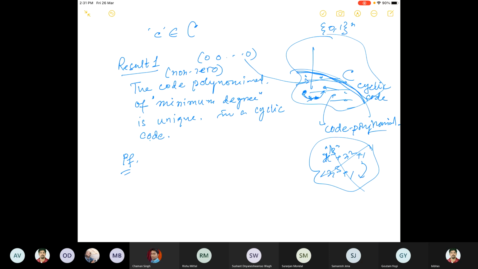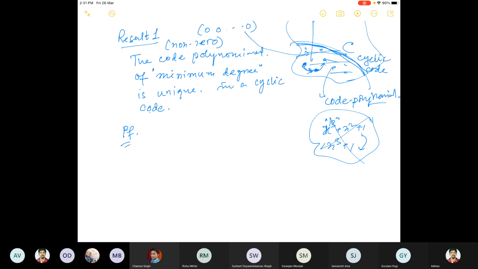Okay. So if it is not unique, then there should be two. So there will be at least two.